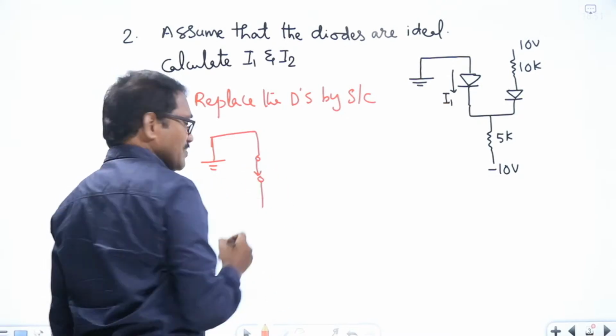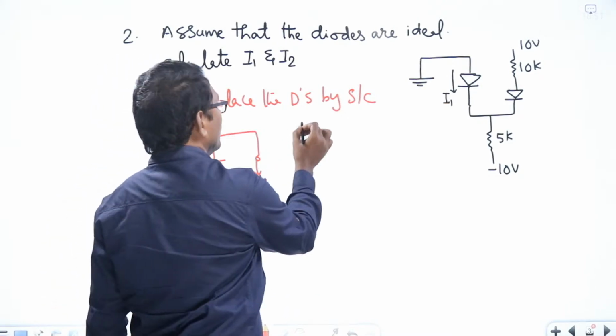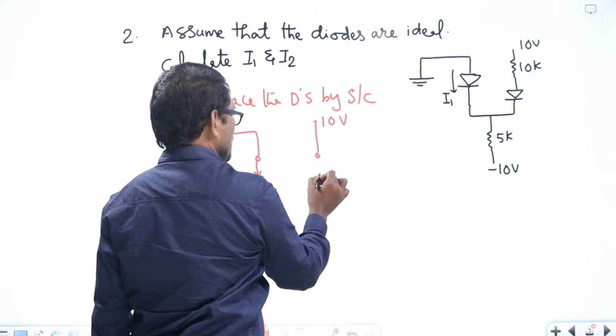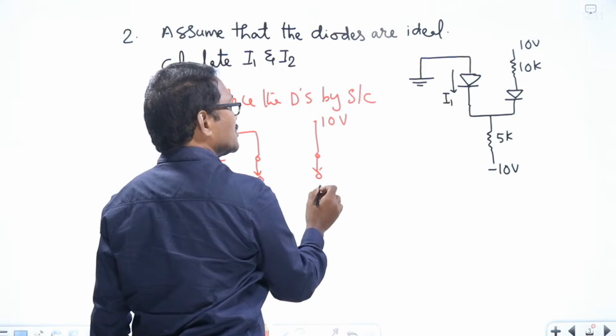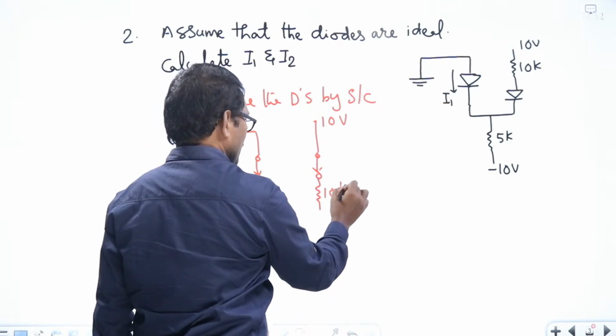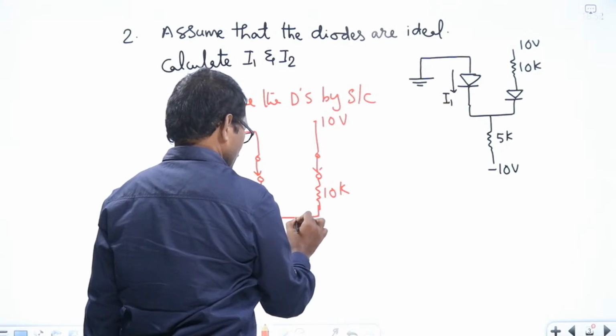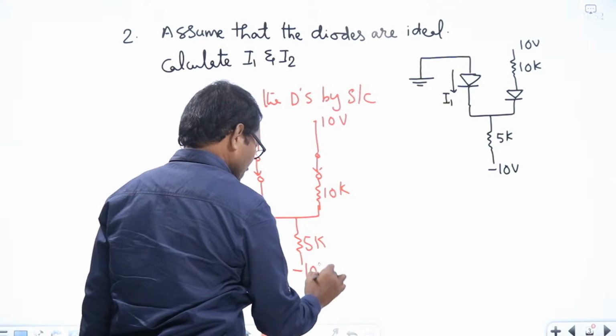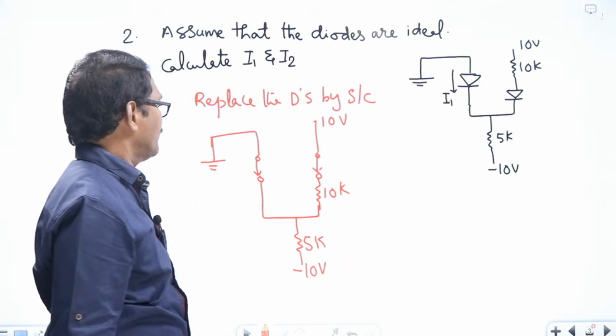D1 is replaced by short circuit, and this is 10 volts. D2 is also replaced by short circuit, 10K, and here it is 5K, minus 10 volts. Right?